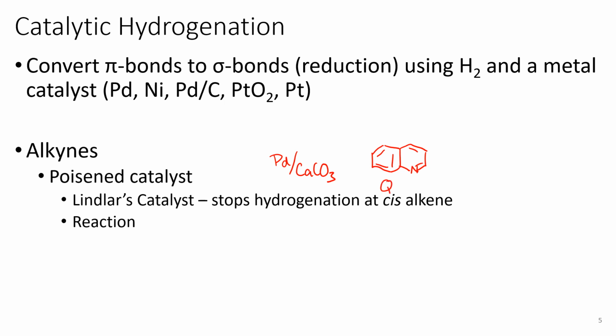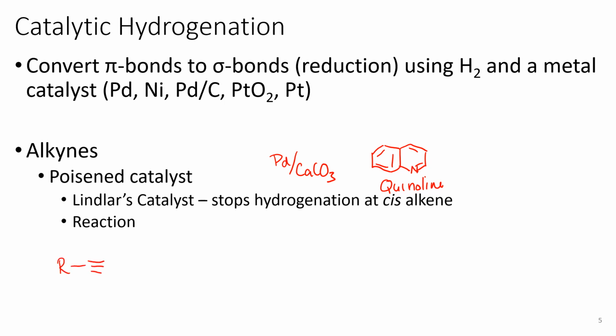And again, this compound that I have drawn on the screen with our two rings connected together is quinoline. It is a mixture of all of these compounds that generates Lindlar's catalyst for us. And again, it will stop the hydrogenation of our alkyne at the cis alkene.